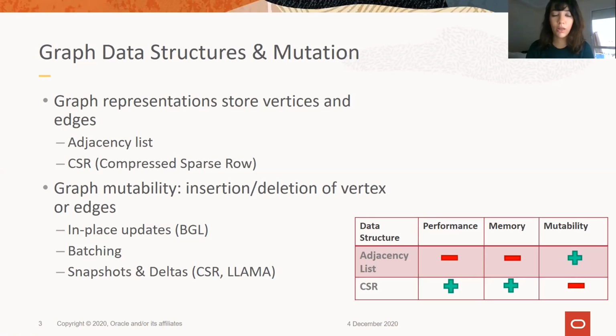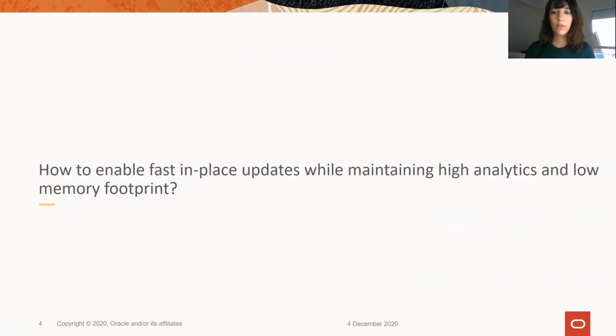That is the trade-off, and it lowers the analytic performance. So this naturally leads to the main question: how to enable fast in-place updates while maintaining high analytic performance and a low memory footprint?